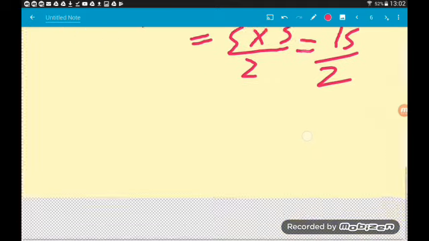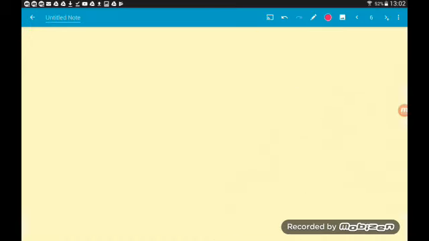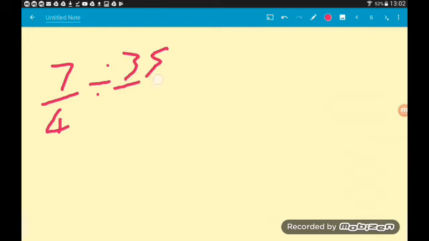What about dividing a fraction by a fraction? Let's say we want to do one that's come up actually on a paper recently. We wanted to do 7/4 divided by 35/6. Lovely. For this, we flip 35/6 over first of all, and then we multiply it.